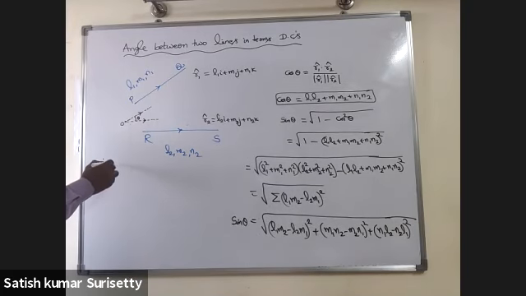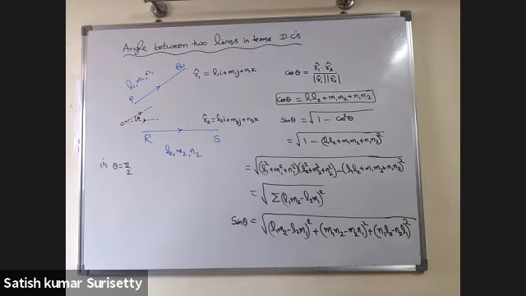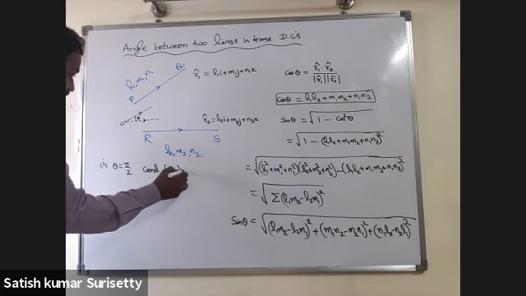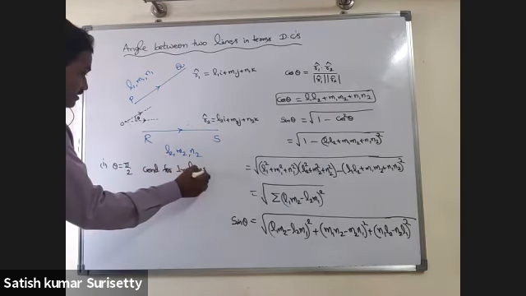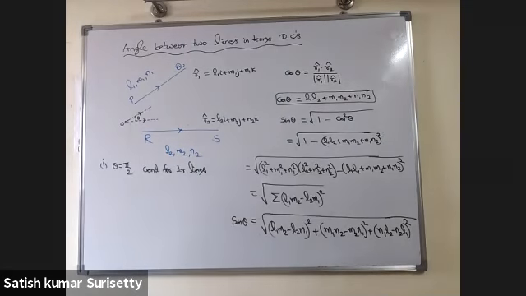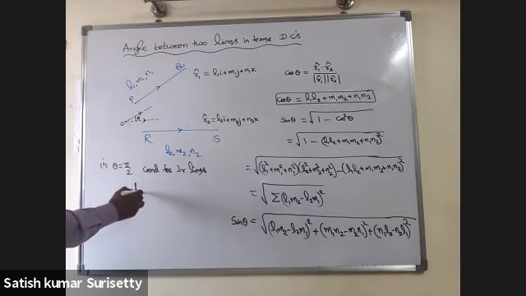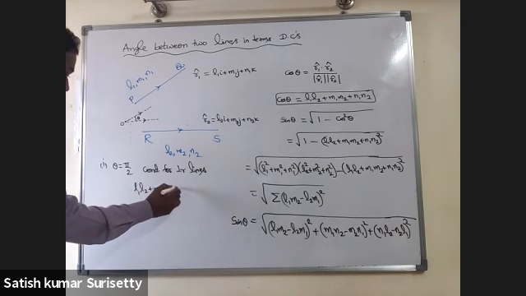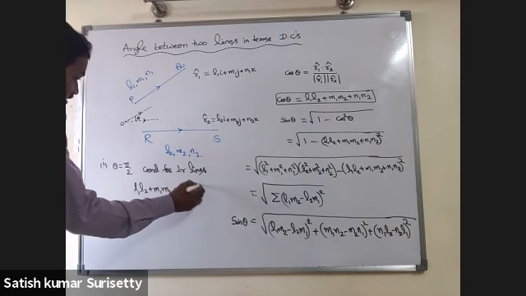First case, theta equal to pi by 2. Condition for perpendicular lines: L1 L2 plus M1 M2 plus N1 N2 equal to 0.